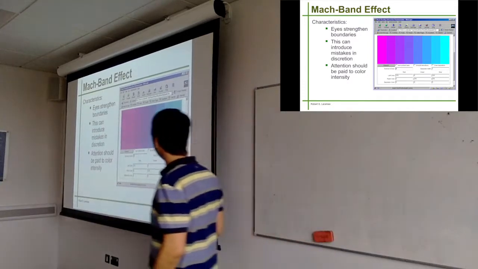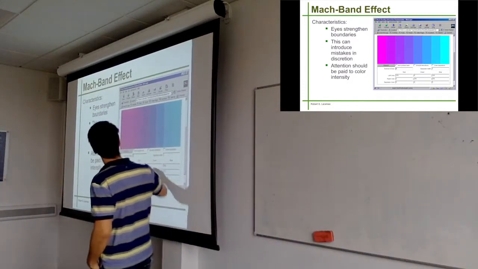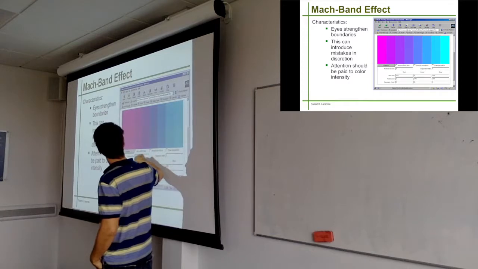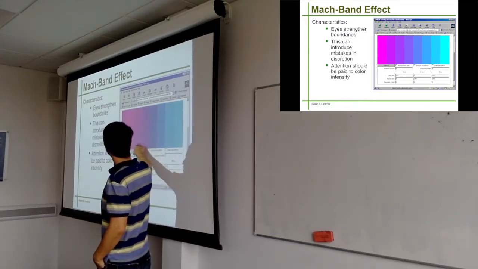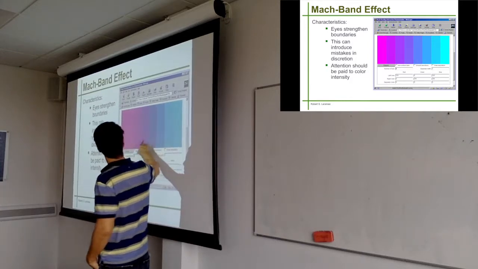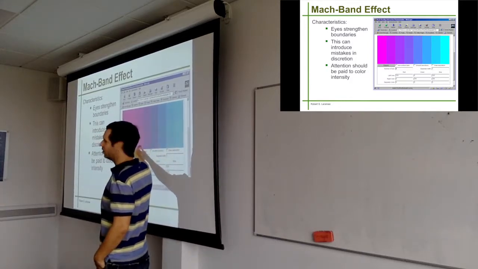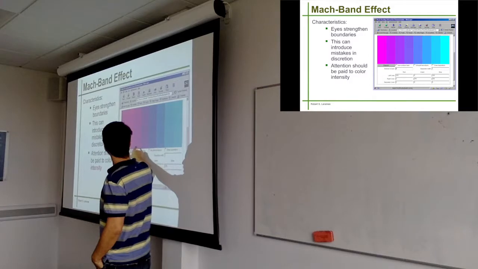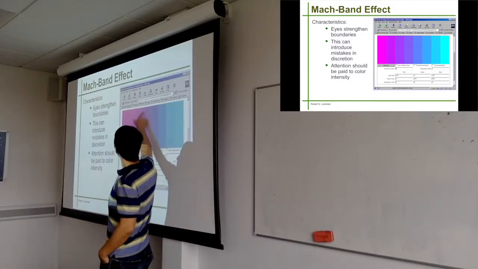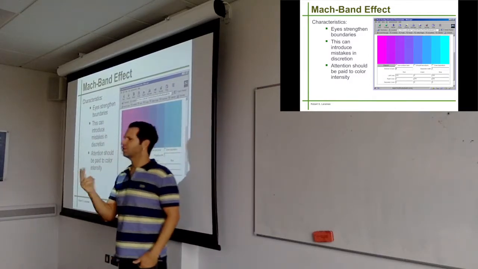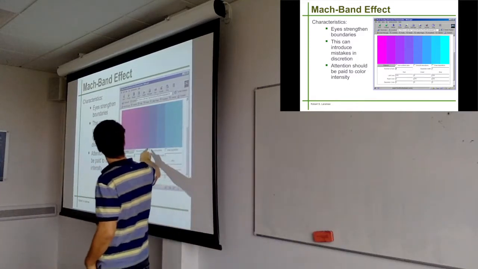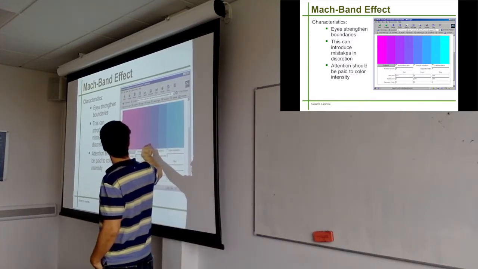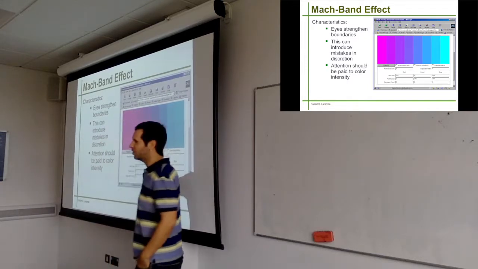But in reality, it's actually a uniform color, because the color that you see here depends on the neighboring colors. Because this one is darker or some other shade, the human visual system increases the contrast. And same here. This one looks darker because it's next to a lighter color.